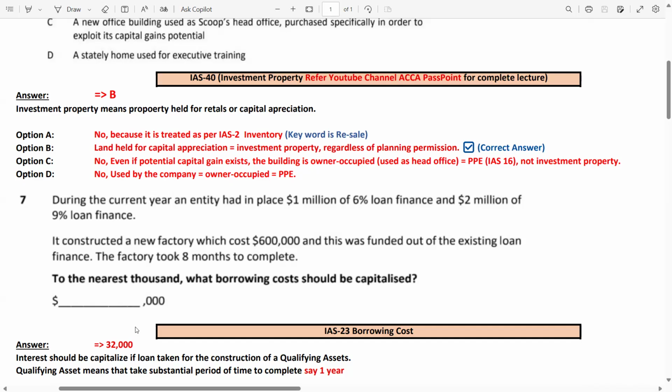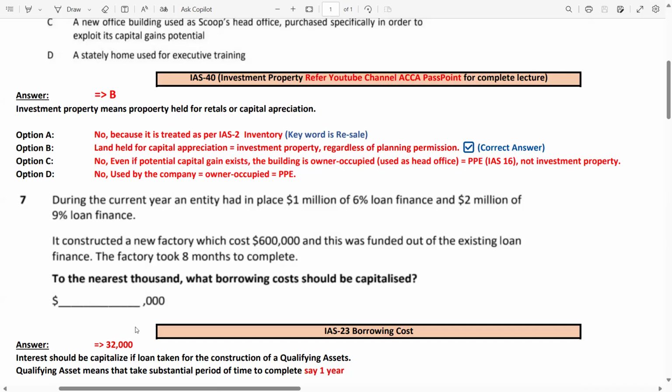Now, in IAS 23, there are two kinds of borrowings, specific and general. There is an important hint for you. Whenever there is more than one loan, I am again repeating, whenever there is more than one loan, it is a general borrowing.